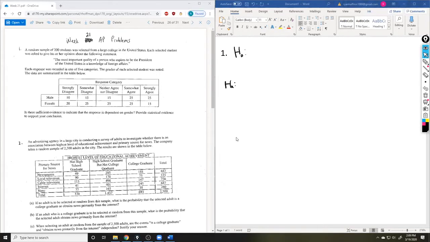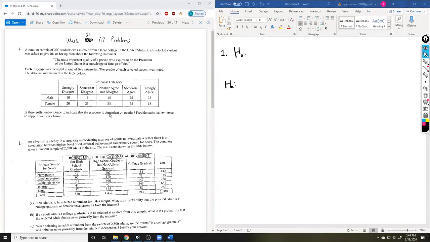So first off, there's a clue in the problem that we're doing a chi-square test of association and independence. But the other clue is that association and independence is just based on taking one sample, whereas our homogeneity tests were about either two different samples, so taking separate samples and comparing them, or taking a sample and splitting it into groups, like doing an experiment where you have 3 different treatments.